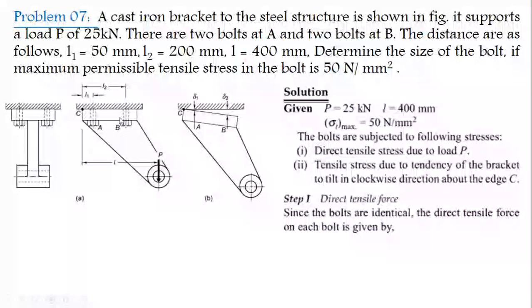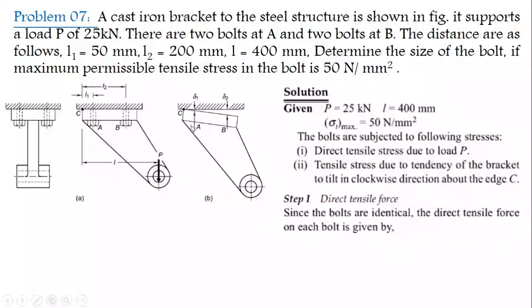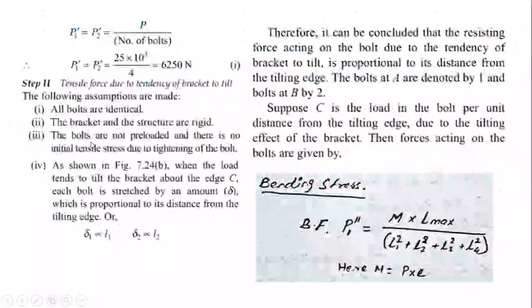Second: the bolts, the bracket and the structure are rigid. Here, this bracket and this structure are rigid. Rigid means there is no deformation in this structure and this bracket. This is the meaning of that second point.